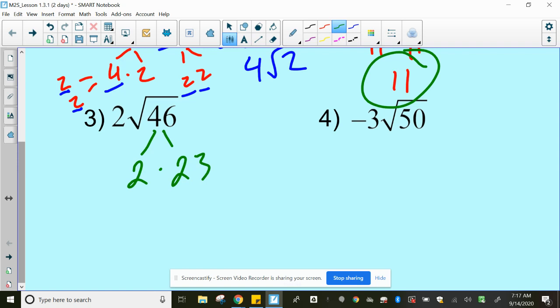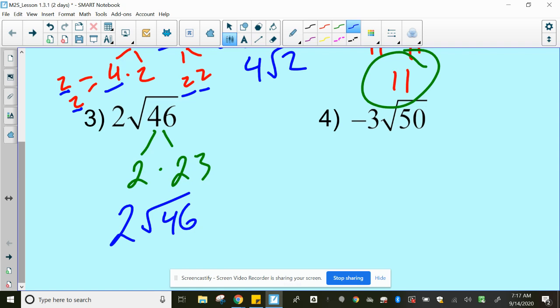Well, from there, we keep going. 23, there's actually nothing that can go from there. So if we look, we have no pairs. I threw this one in here because sometimes it doesn't factor. There's nothing else we could do because this 23 doesn't break down any further. So our answer would actually just be 2 root 46. It can't be simplified any further.